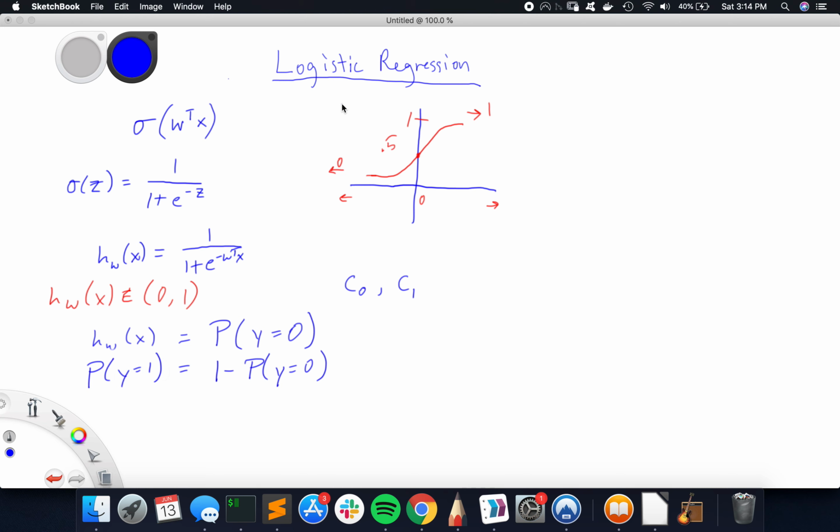The sigmoid allows you to get a probability distribution over these two classes, C0 and C1. So that's a good high-level overview.